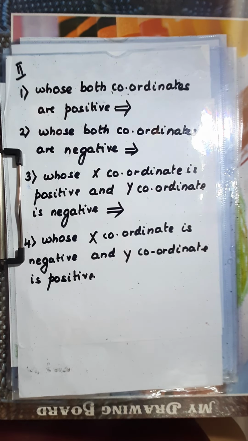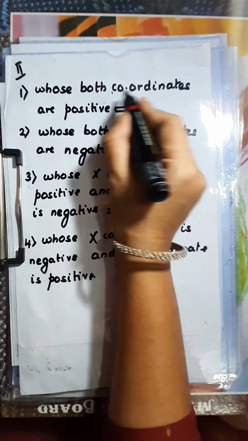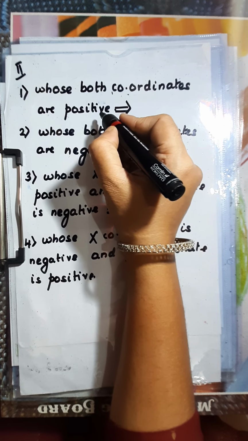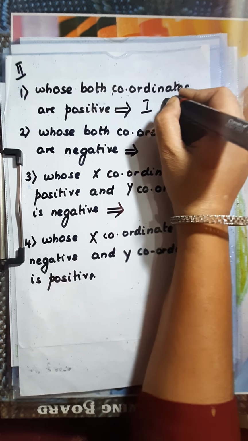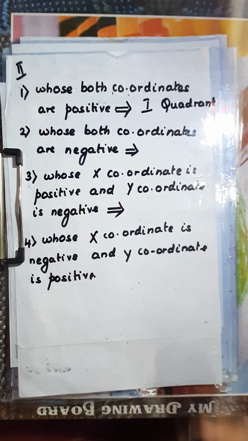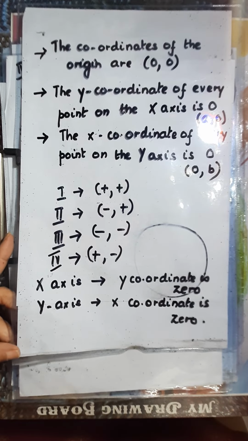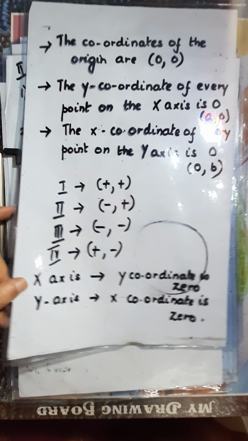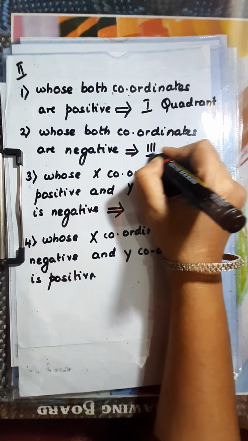In which quadrant do the following points lie, whose both coordinates are positive? If both are positive, so which quadrant? It lies in the first quadrant. Whose both coordinates are negative? Tell me, which one will it lie in? It lies in the third quadrant.